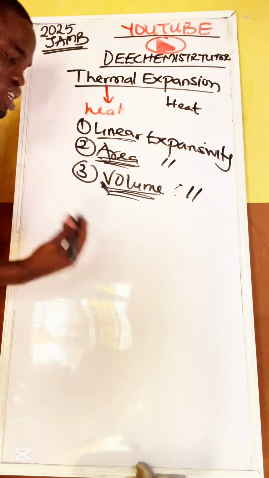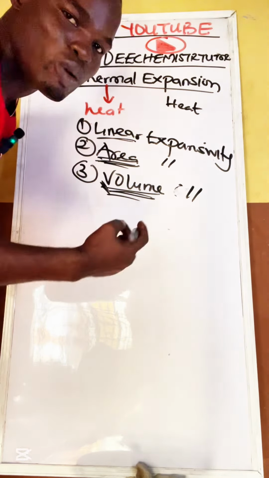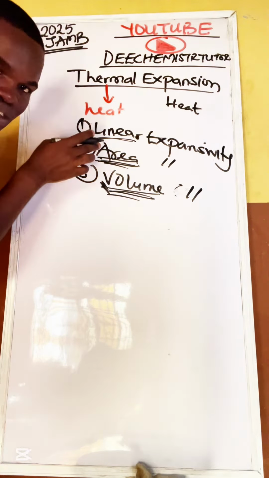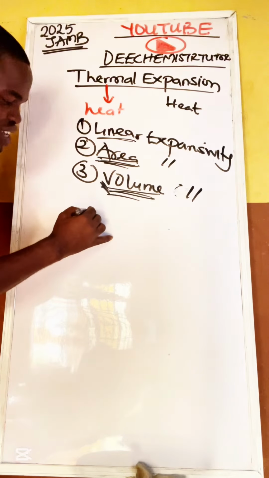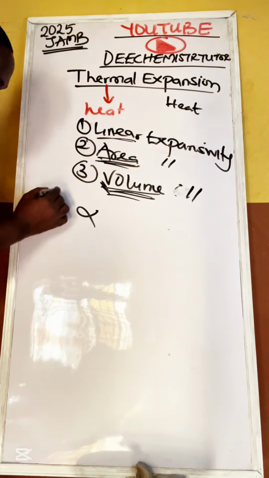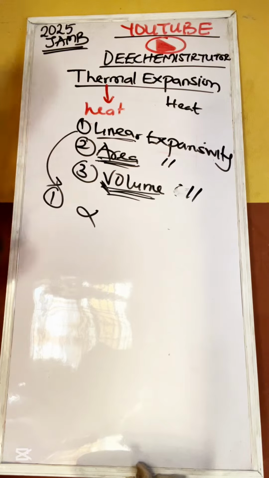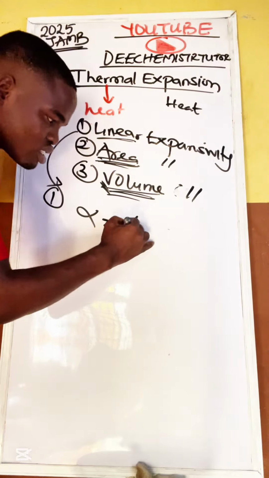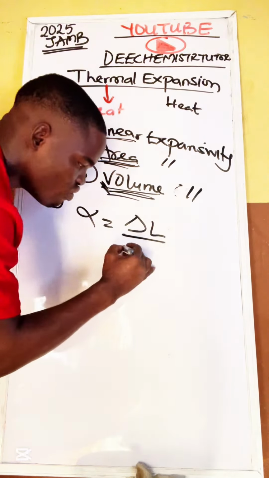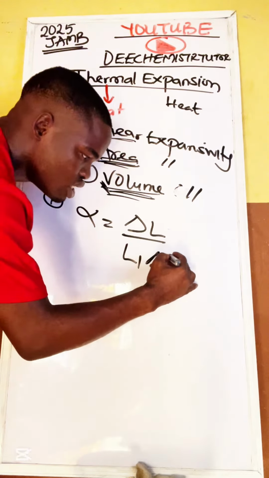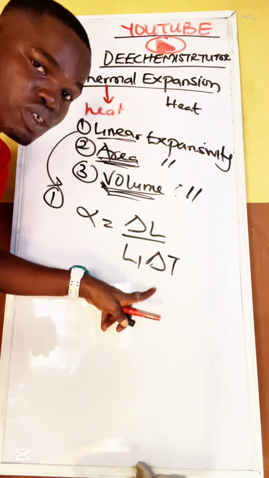Now let's delve into it so that we don't waste much time. When there's expansion like this, that expansivity is a constant, and it's given by alpha. I'm dealing with the first one, the linear expansivity. It's the change in L over L1, times the change in temperature that is being applied.